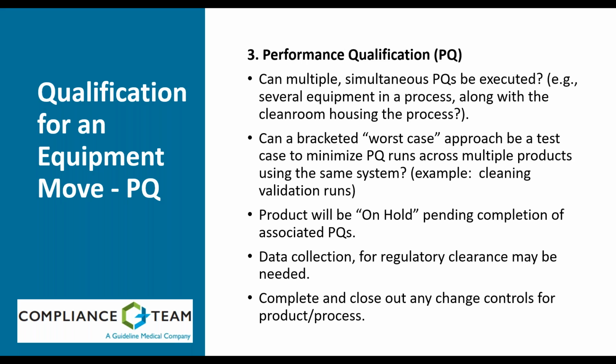For example, in a cleaning validation, you choose your worst case soilant, and then you verify that the cleaning process will clean that. Can you do something similar for a PQ on a piece of equipment for, let's say, a purification process? Can you choose the hardest to purify substance and use that one as an example for maybe a specific column?